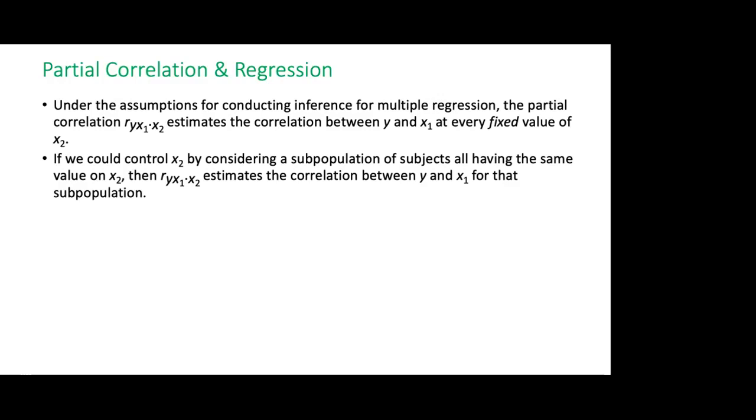That is the interpretation of the partial correlation in the framework of a regression. If we controlled x2 by considering a subpopulation of all subjects that have the same value on x2, then the partial correlation between y and x1 estimates a correlation between y and x1 for that subpopulation.